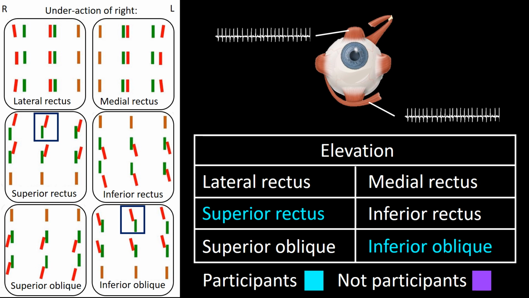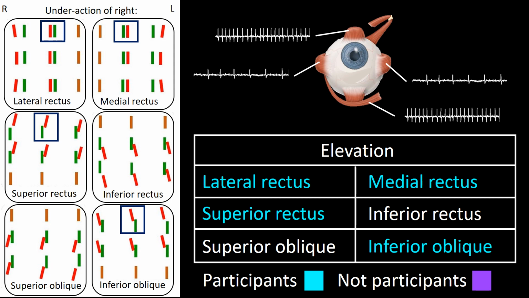Also, judging from the presence of a lesser degree of diplopia in patients with underaction of the right lateral rectus and right medial rectus, we can surmise that these muscles also contribute to right eye elevation, although with lesser force than the right superior rectus and the right inferior oblique, as illustrated in this frame.